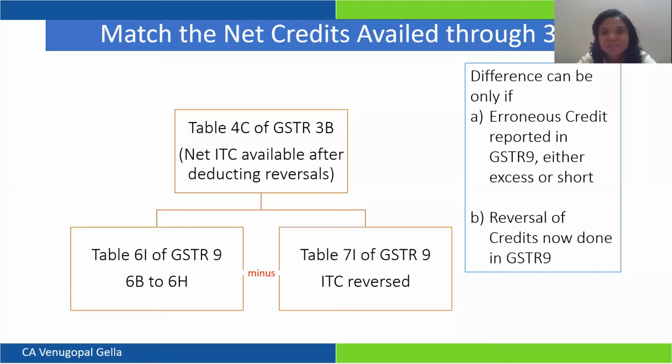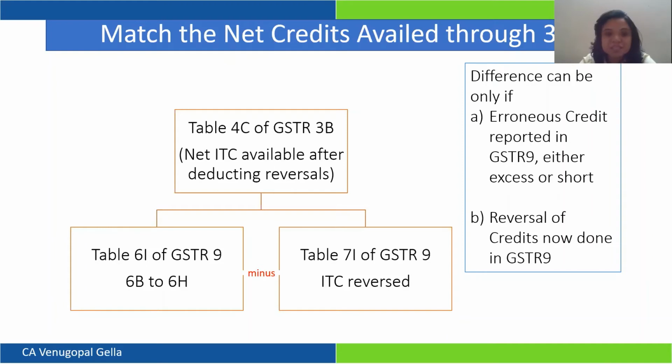Another checkpoint to see if what has been reported in GSTR-9 is making sense would be whatever is the credit coming in 4C of GSTR-3B. What is 4C? 4C would be net credit available after deducting all the reversals. That is 4A, total credit availed, minus 4B, reversals during the year, would give us 4C. Ideally, this 4C should match with 7J.